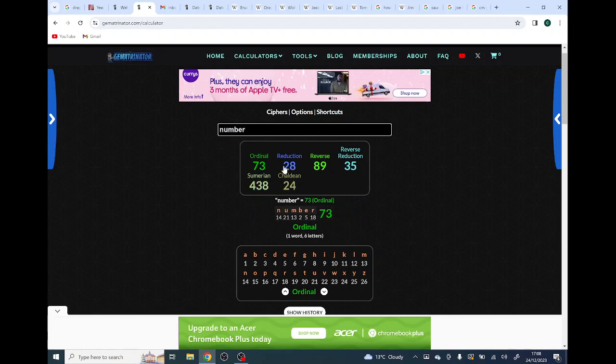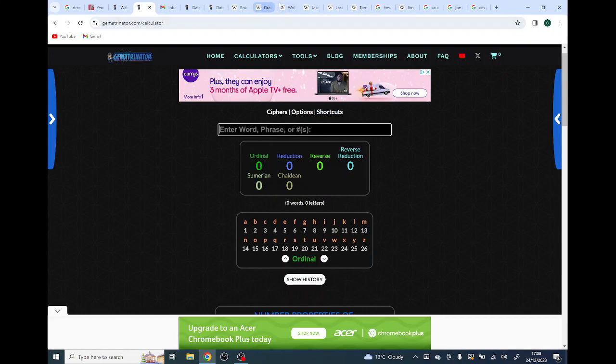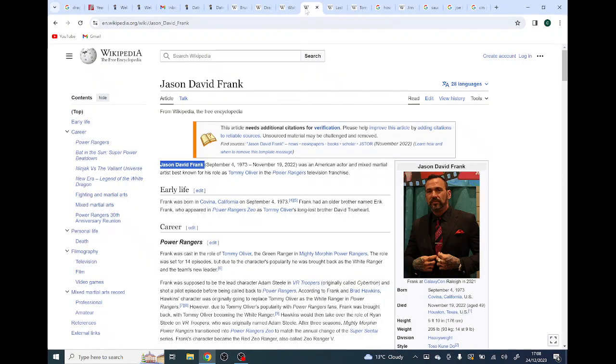Now, another one I just found, without even looking properly, number gives you 24 and the 73. 89, which is the 24th prime. Which brings me to another gentleman who died last year. Jason David Frank, who played the Green Ranger in Power Rangers, Tommy Oliver.